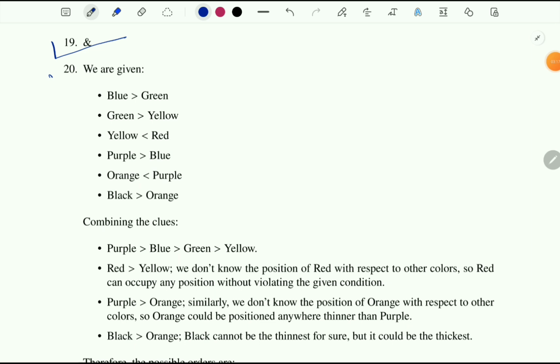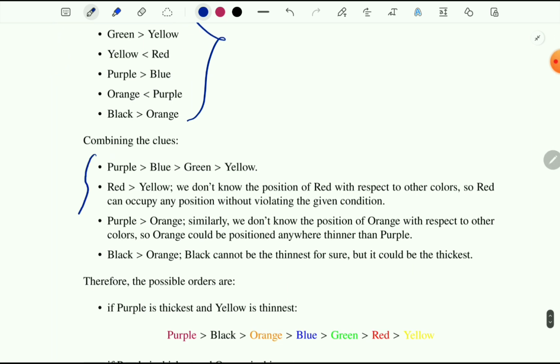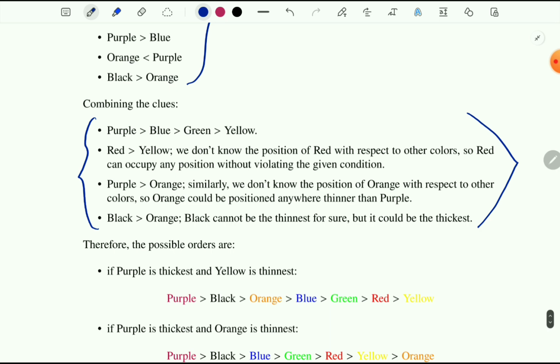Problem number 19 and 20. These are the clues that were given in the questions. So we discussed all of them. And here is the detailed explanation. We already discussed it. You can take a look and read it for better understanding.